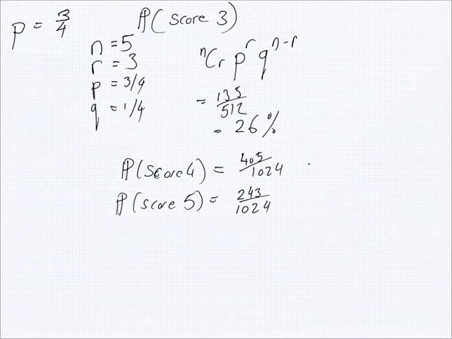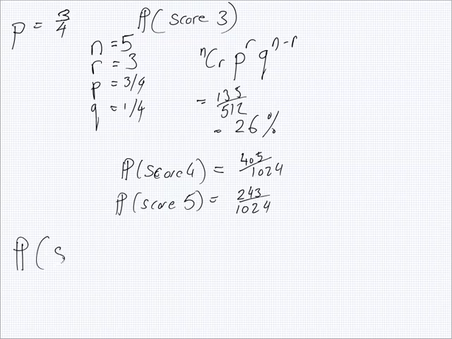Okay, so the reason I asked you to do the 3, the 4 and the 5: for example, my next question could be the probability that they score 3 or more.